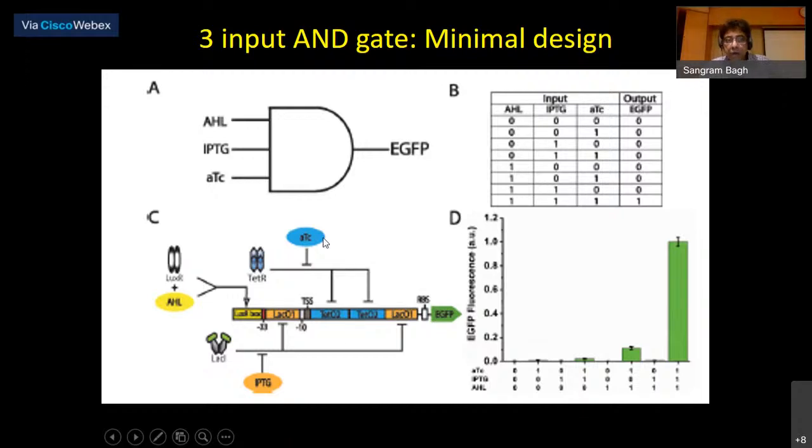So here AHL is a small chemical, and it needs to bind with this LuxR protein so that the RNA polymerase can properly sit and go forward.